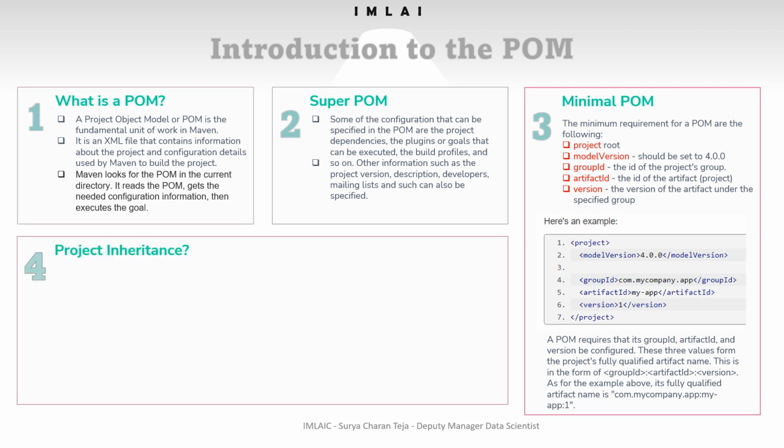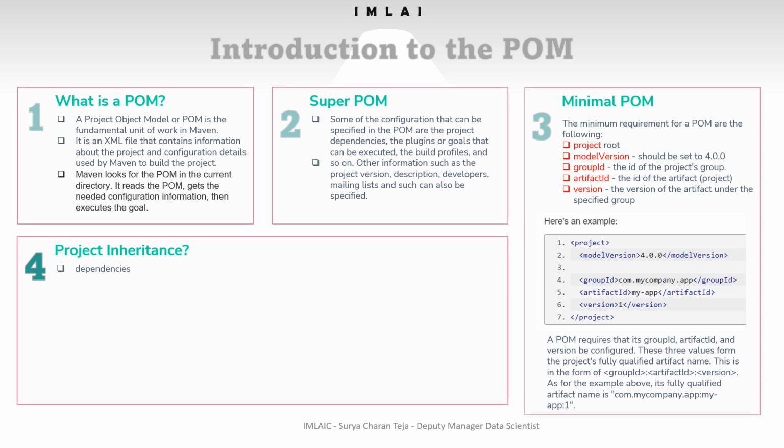So now let's look into the most important concept in pom.xml. That's project inheritance. Elements in the POM that are merged are the following. So basically there are different elements of the POM that I have shown you.